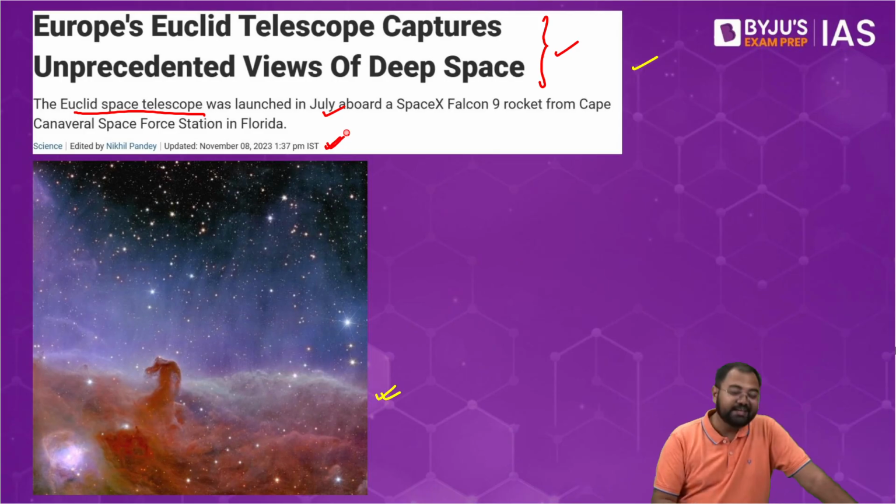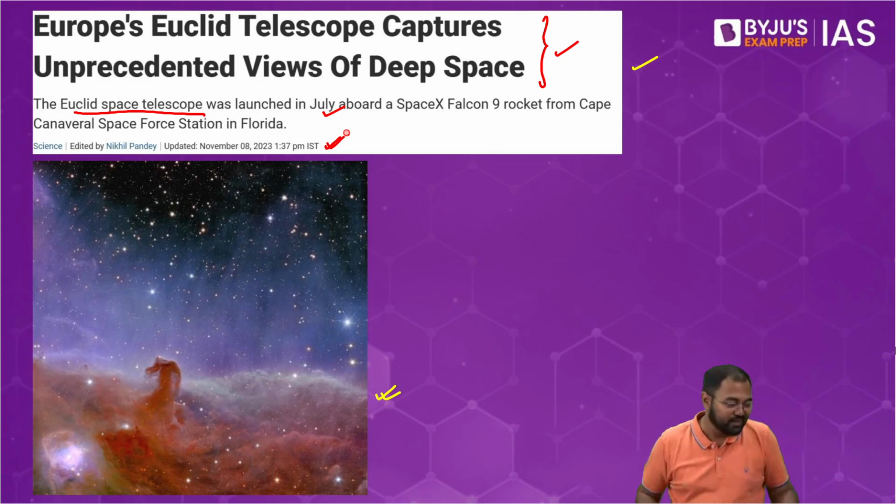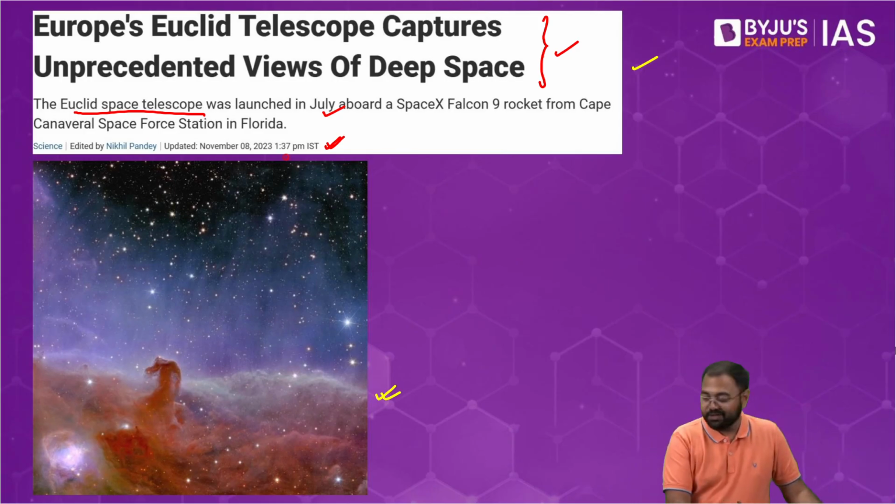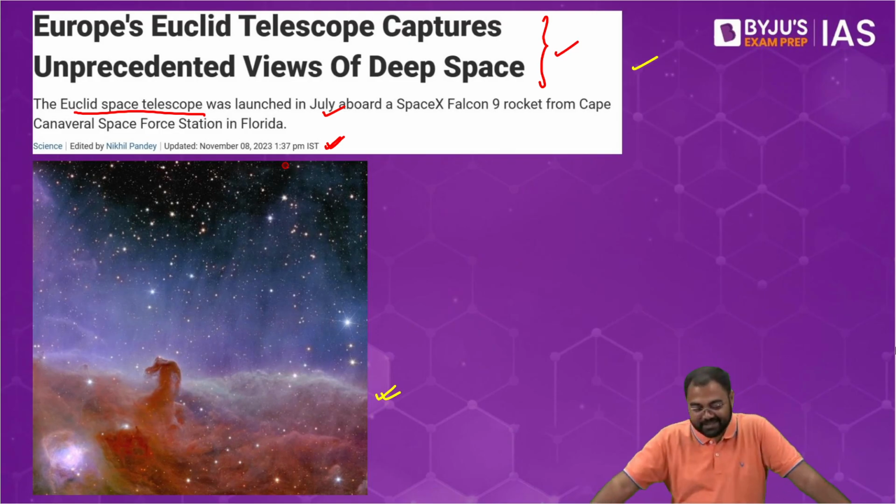I took this newspaper clipping just before your class, because as soon as I saw on my newspaper feed that the first pictures had come, I brought it to your classroom. As you can see, 1:37 p.m., so just hours before your class, these pictures were released. So I'm sure tomorrow's newspaper will carry this.